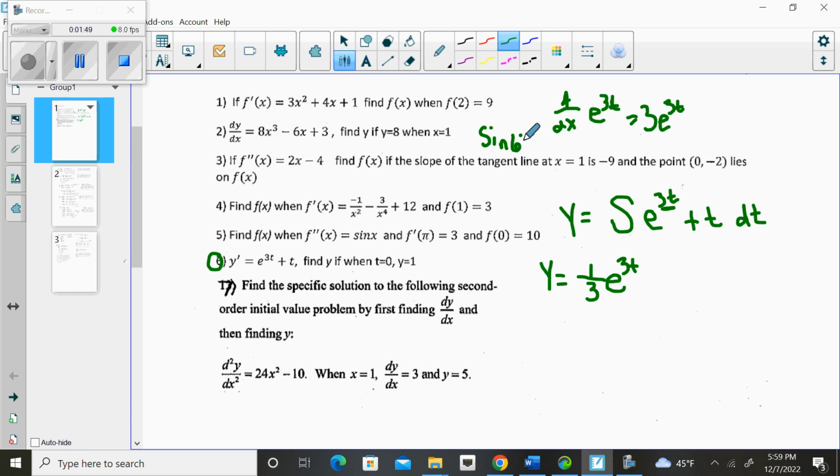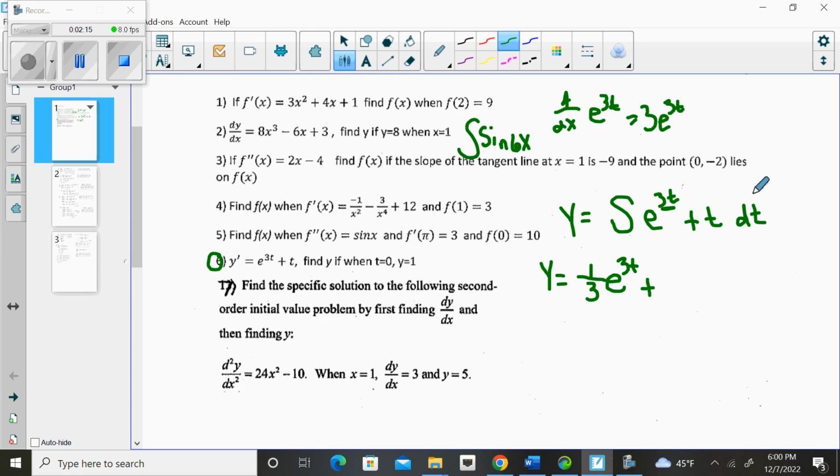The derivative would be 6 cosine 6x, and the antiderivative would be 1/6, and the antiderivative of sine is negative cosine, so negative 1/6 cosine 6x. Same concept here with the e and the trig. So I'm hoping you just memorize those. That will make your life much easier.